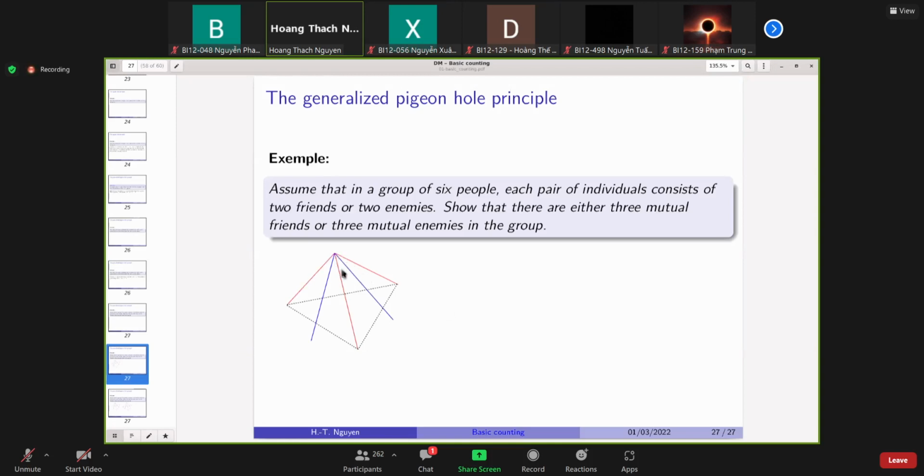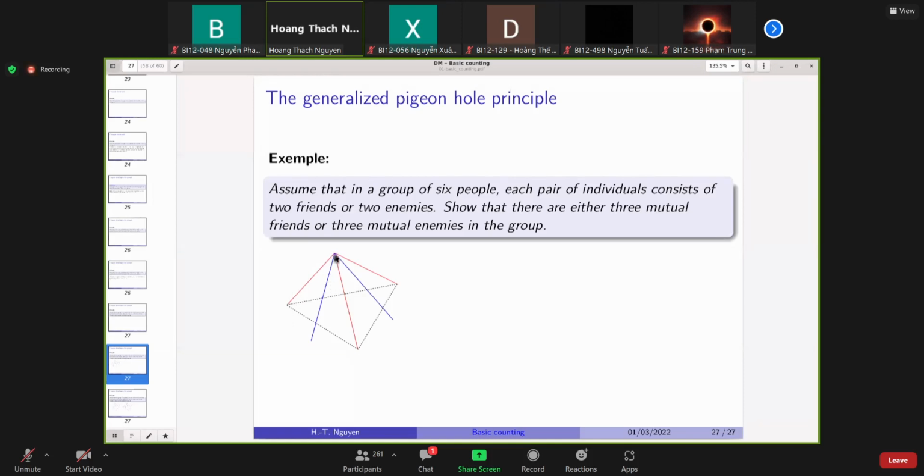Let's say that we represent each person with a vertex of the graph, and each pair of people is connected by an edge, and we color the edge red or blue according to the relationship between the corresponding vertices.